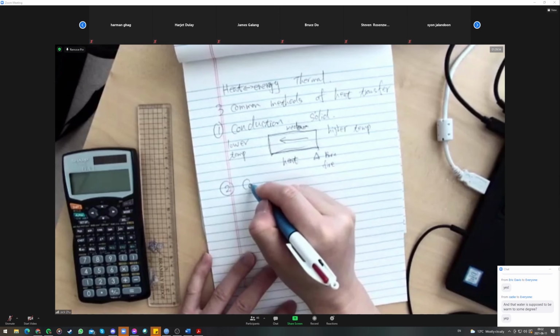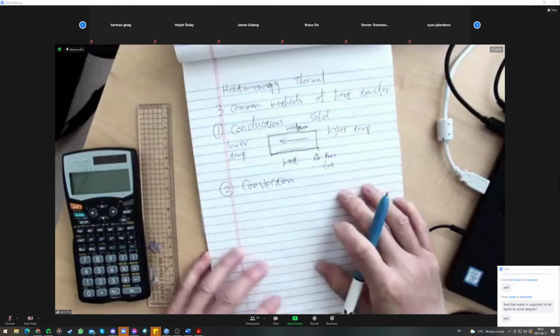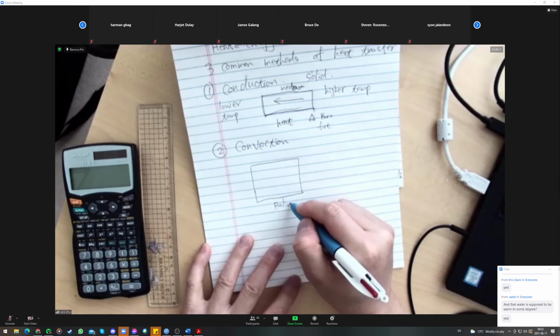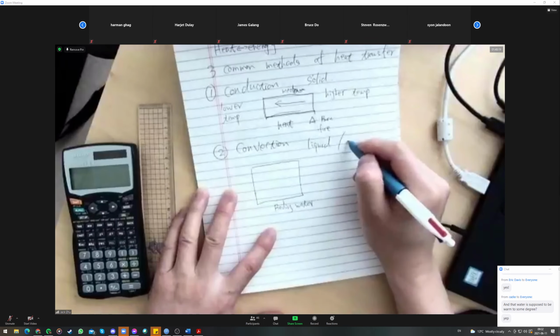The second one is called convection. Convection usually happens when you boil water. Convection usually happens in liquid or gas.